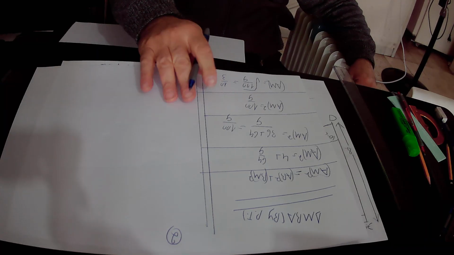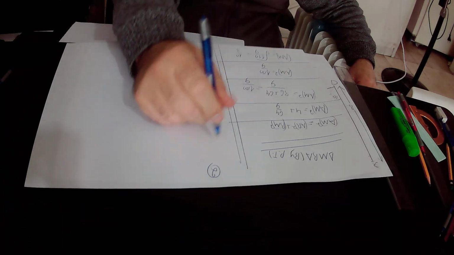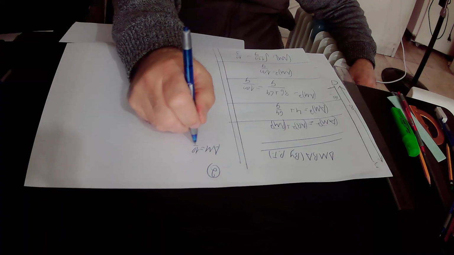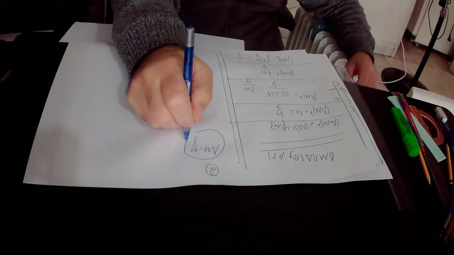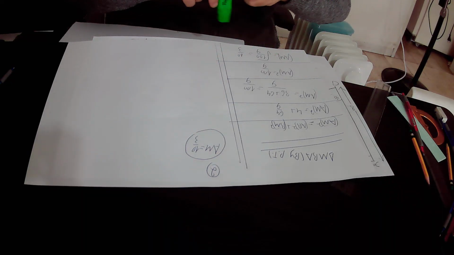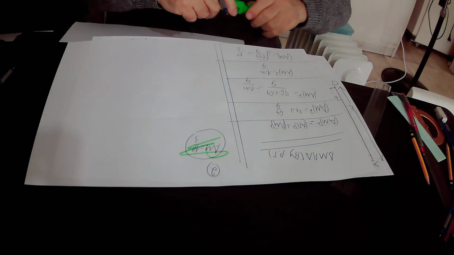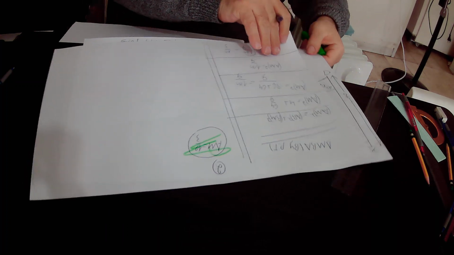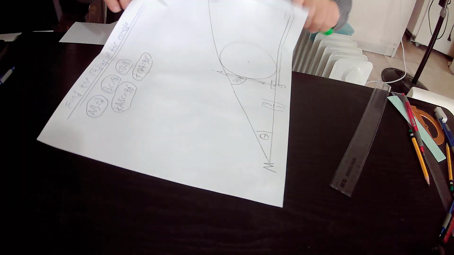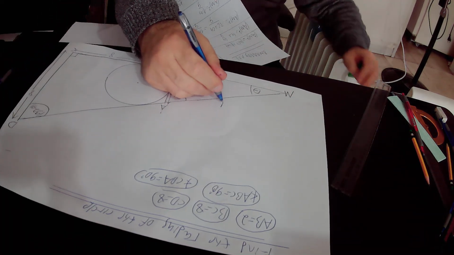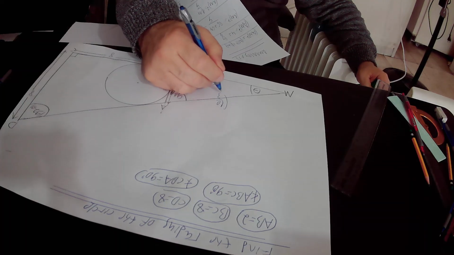So in total, we found that AM equals 10 over 3 units in length. The hypotenuse AM equals 10 over 3 units. So I write it down. The length of the hypotenuse AM is 10 over 3 units.